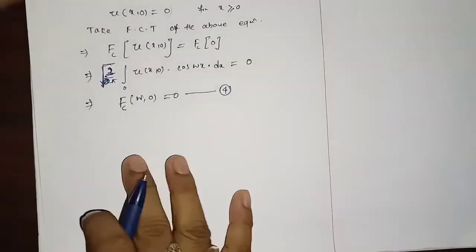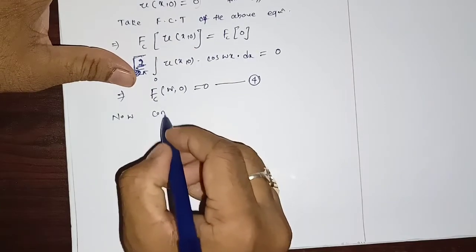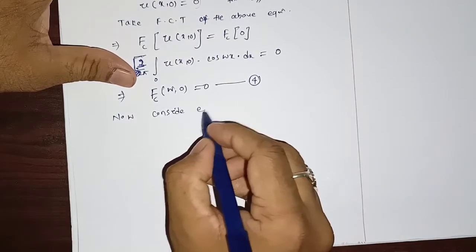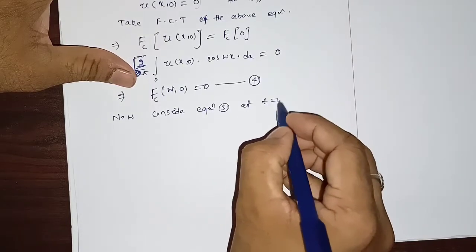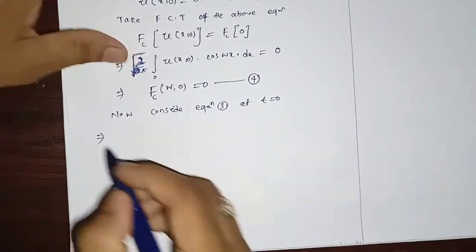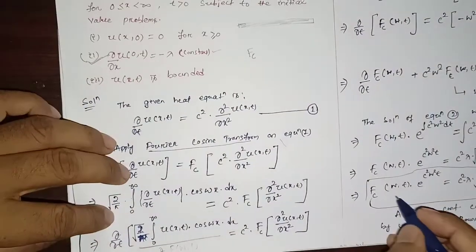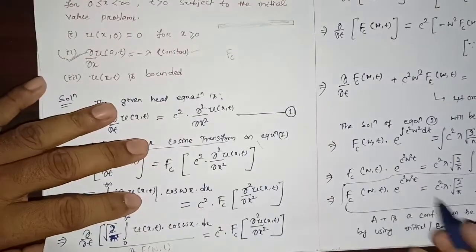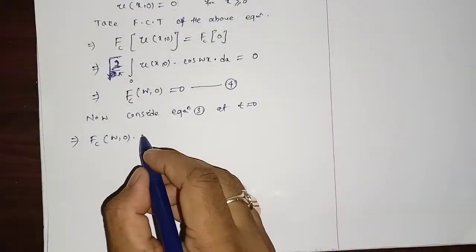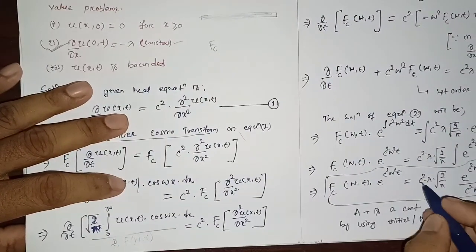So we have f_c(ω,0), e to the power 0 equal to 1, is equal to the right hand side, where c² got cancelled.